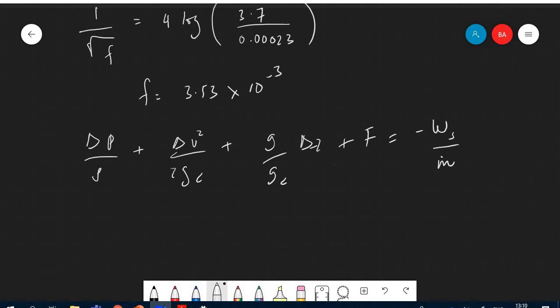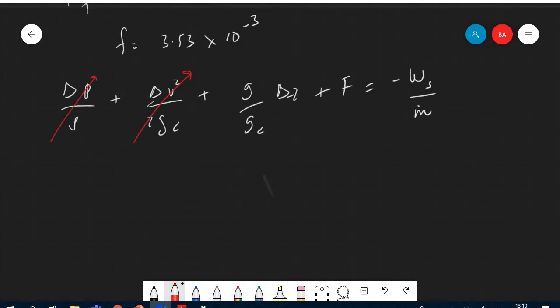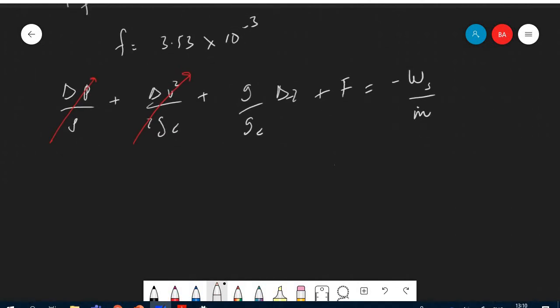Oh, did I calculate the mass flow rate? I forgot to do this, but we have already U and we can get the mass flow rate. Don't worry about it now. So the first terms were 0, and we got delta Z is 5.06.